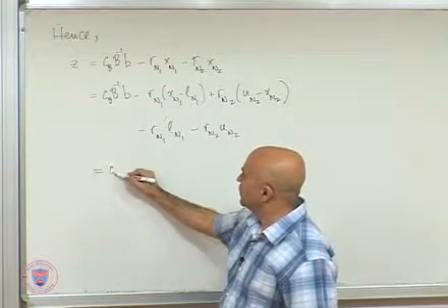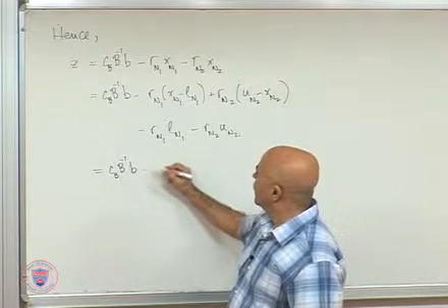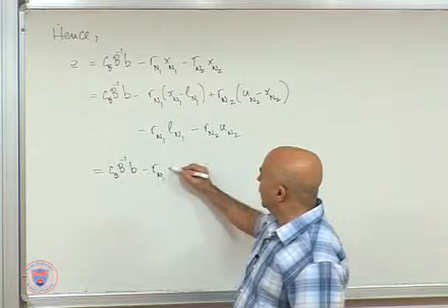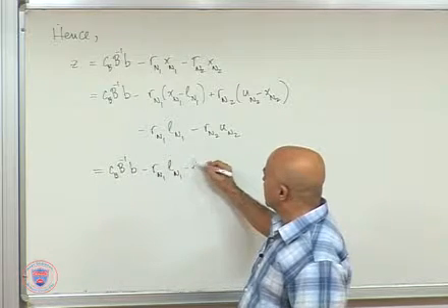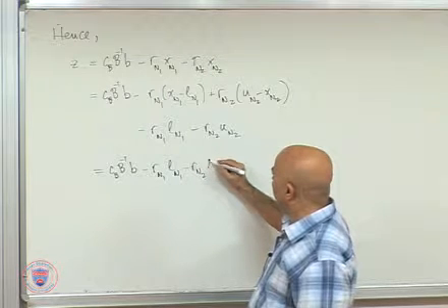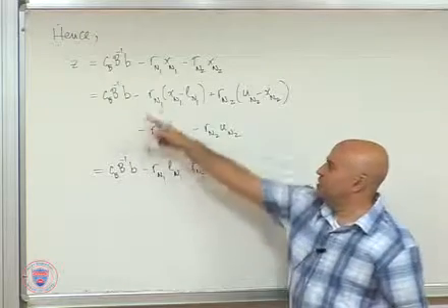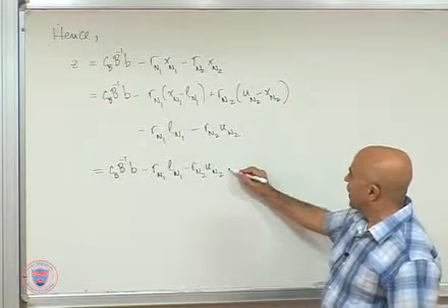So this gives you CB B inverse B minus Rn1 Ln1 minus Rn2 Un2. I'm just taking these to the front.